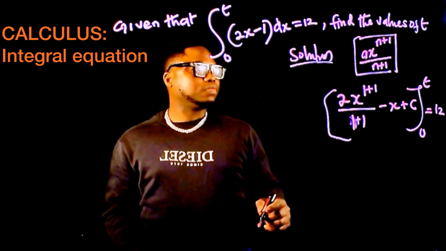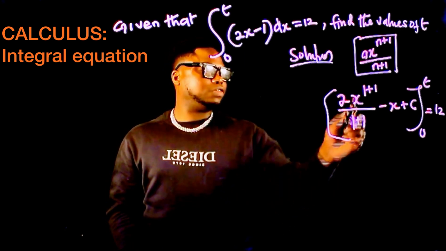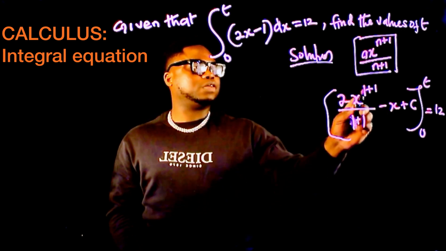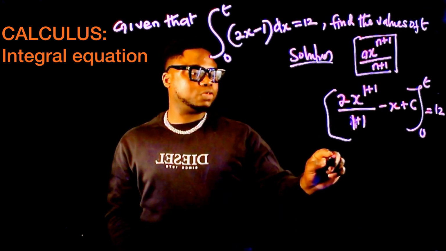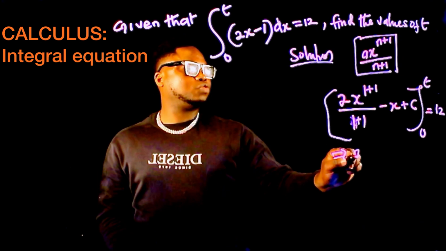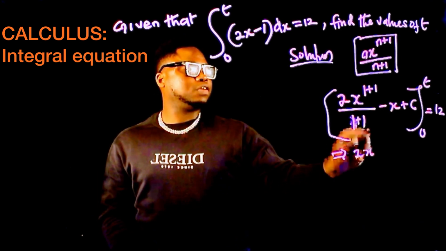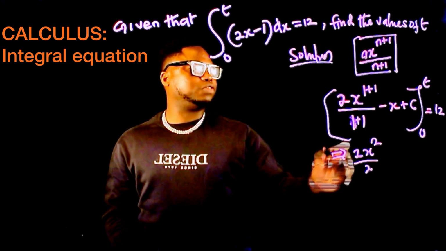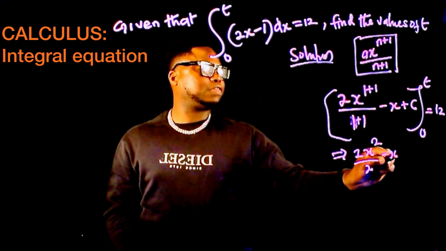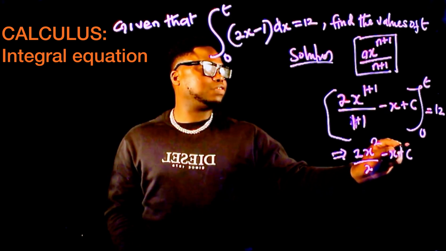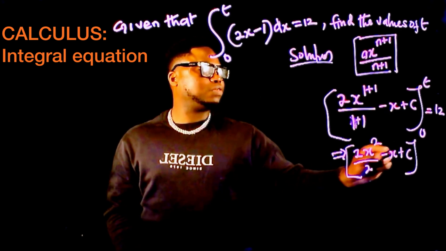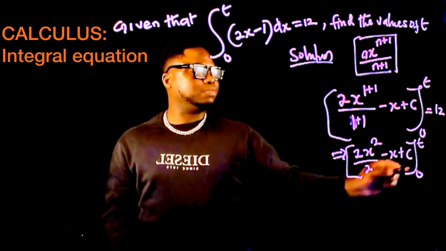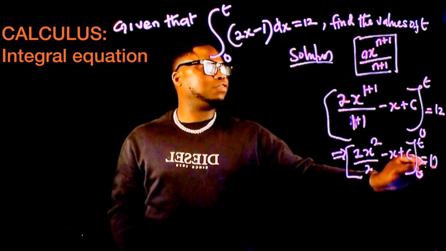Now, the next thing I'm going to do is simplify this expression. 2x raised to the power of 1 plus 1. 1 plus 1 is 2, so I'm going to write 2x raised to the power of 2 over 2, minus x plus integration constant c, with t up here as the upper limit and 0 here as the lower limit, equal to 12.